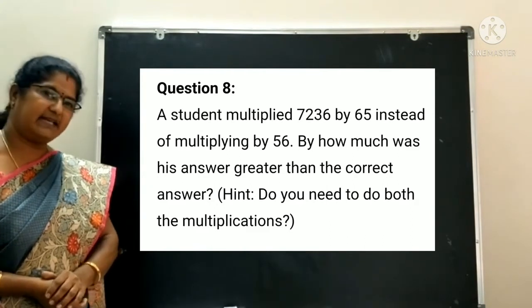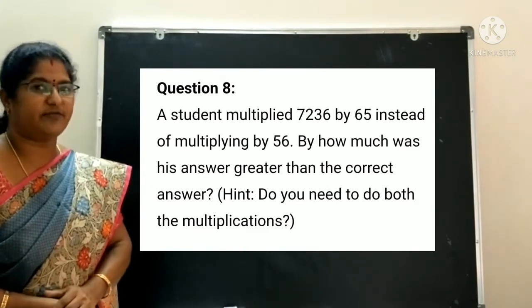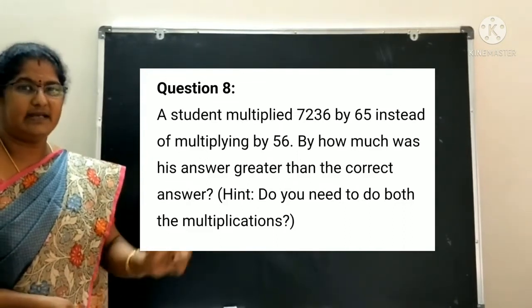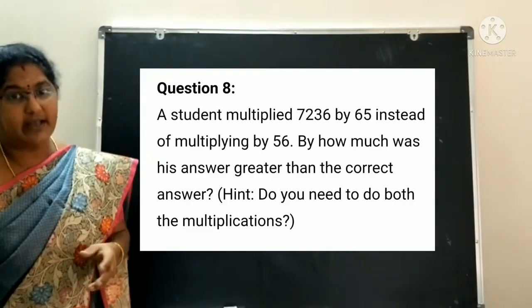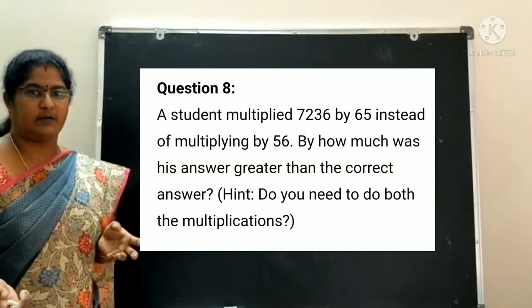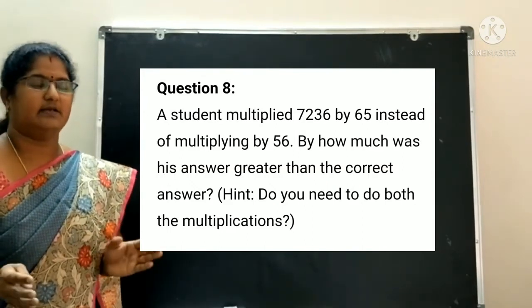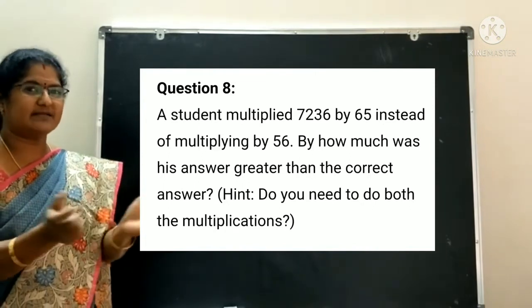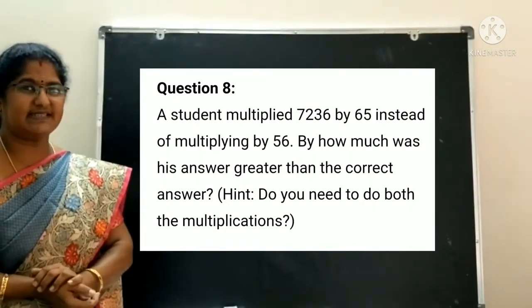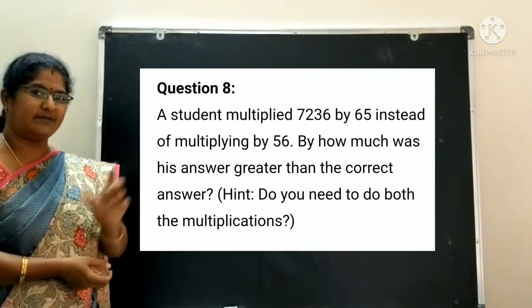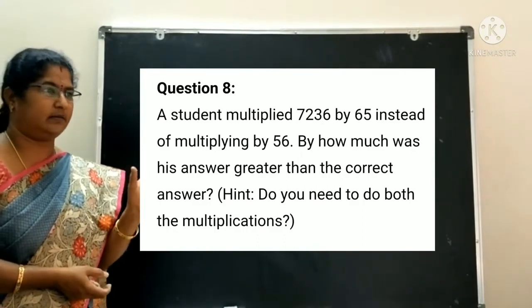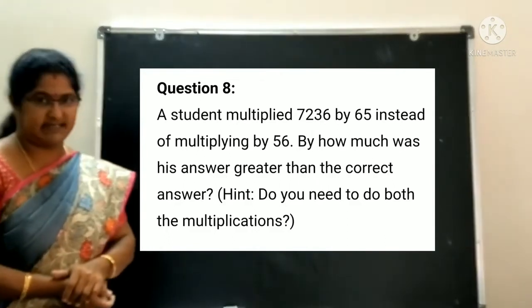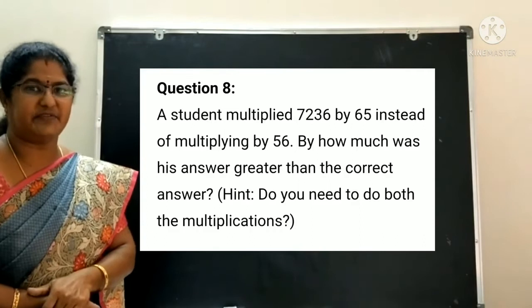But it takes too much time. Multiplying a 2-digit number with a 4-digit number takes one time, and again you have to multiply, so two works are there. Multiplication is bigger work than subtraction or addition, isn't it? So for an easy way: the multiplicand is the same, 7,236, but the multiplier is different.